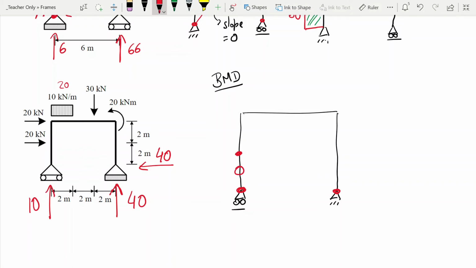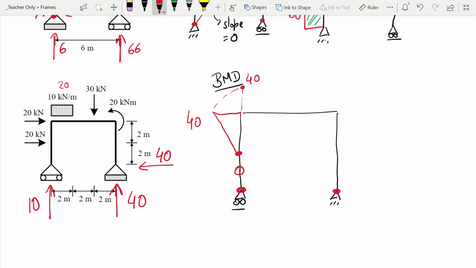Okay, we don't have shear force, so we can't have any bending moment. Then the load of 20 actually is going to start making it bend with tension on the left side. So now I know this has to go to the left with a triangle, and then the moment is 20 times 2, that's 40. That can go there, and that gives me my initial moment of 40.